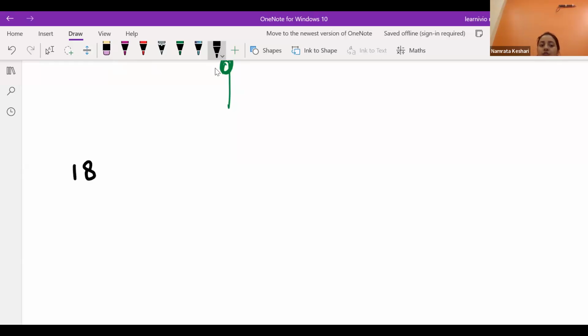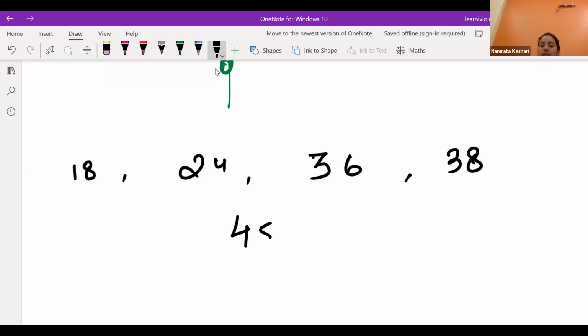So suppose one of the students got 18, one more student got 24. There is one student who got 36 out of 50. One student who got 38. A student who got 45. Okay, 49. There is one student who got maybe 49 again.